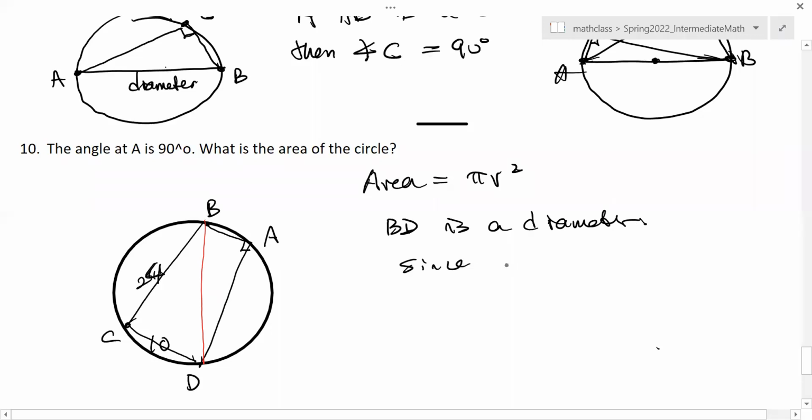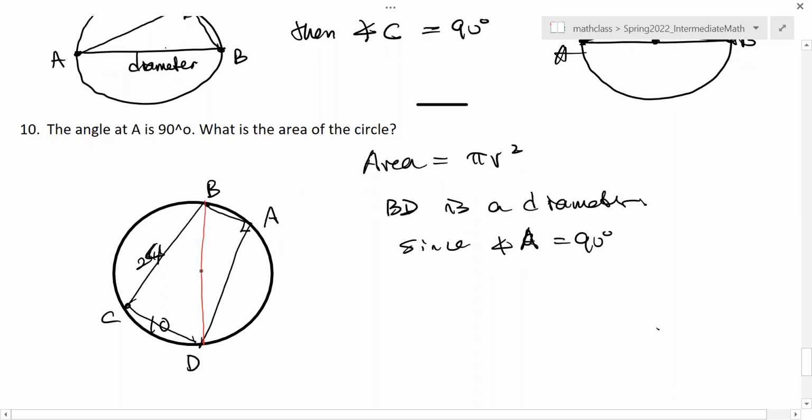That's the first statement. Once you find the diameter, the diameter is double the radius, right? This also implies the angle at C is also 90 degrees.